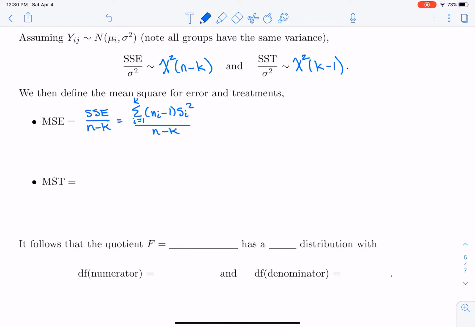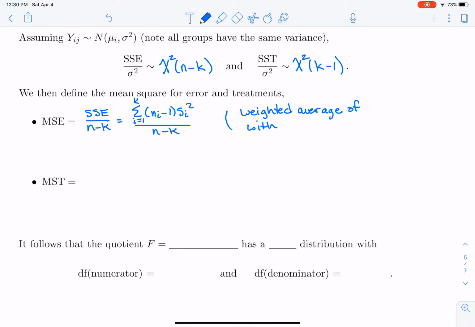So what I have here is a weighted average of within group variances. So I've taken a linear combination of variances based on their group sizes, and I'm dividing that by the total number of degrees of freedom.